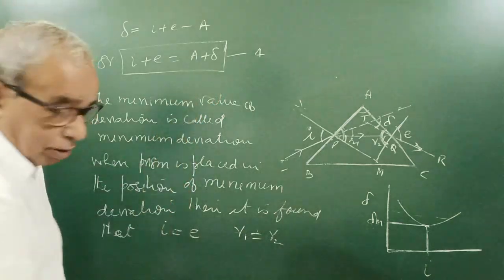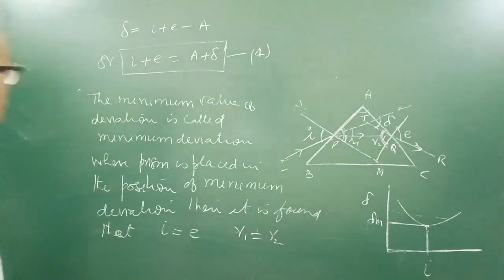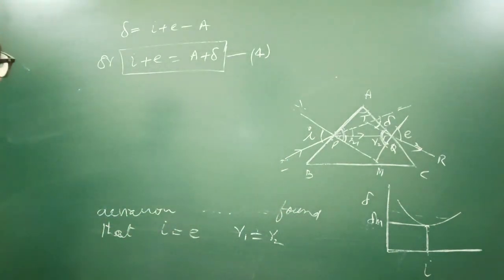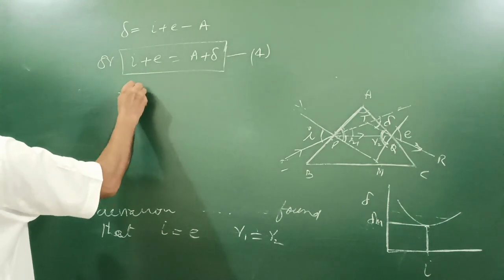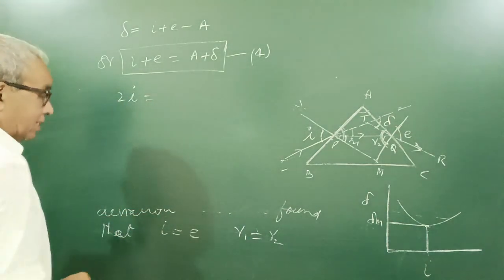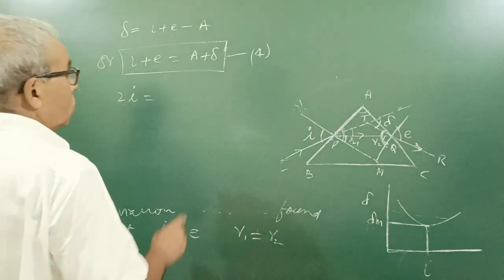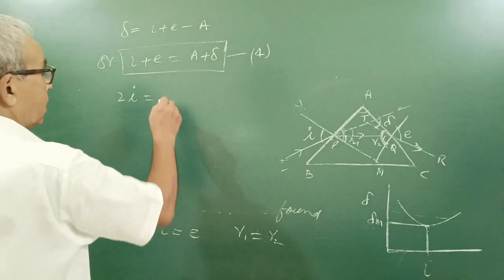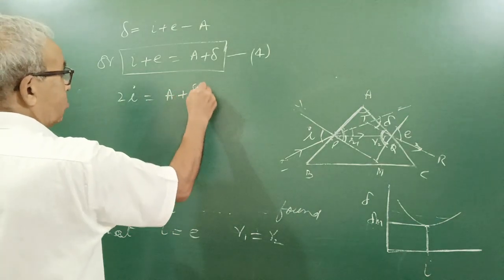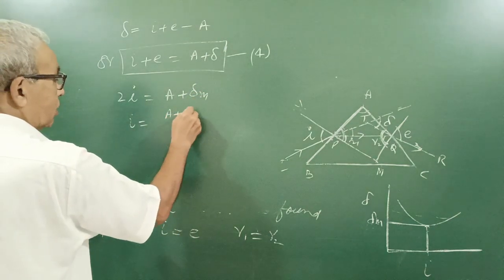Putting these values in equation 4, what will you get? 2I equal to A plus delta m, so I is equal to (A plus delta m) by 2.